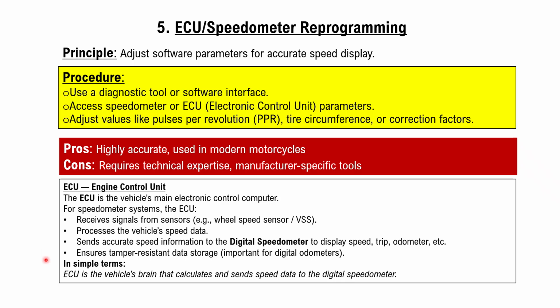In simple terms, the ECU is the vehicle's brain that calculates and sends speed data to the digital speedometers.